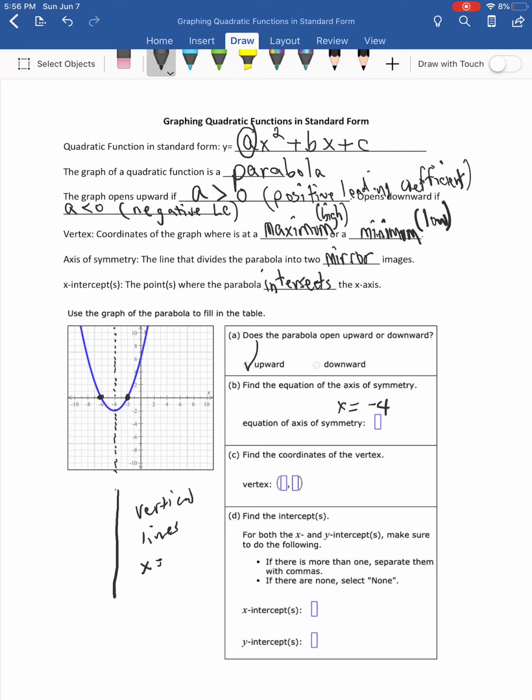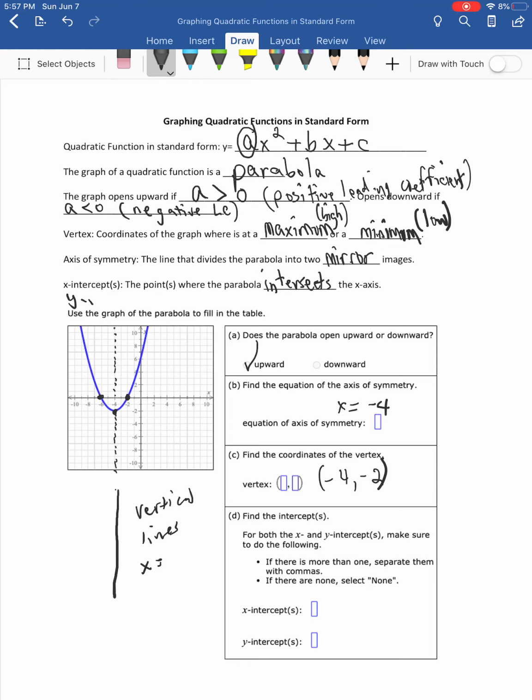Find the coordinates of the vertex. The vertex is over here. The coordinates there are -4, comma, -2. Find the intercepts. They want y-intercepts as well. So the x-intercepts, we forgot to put this in your notes.